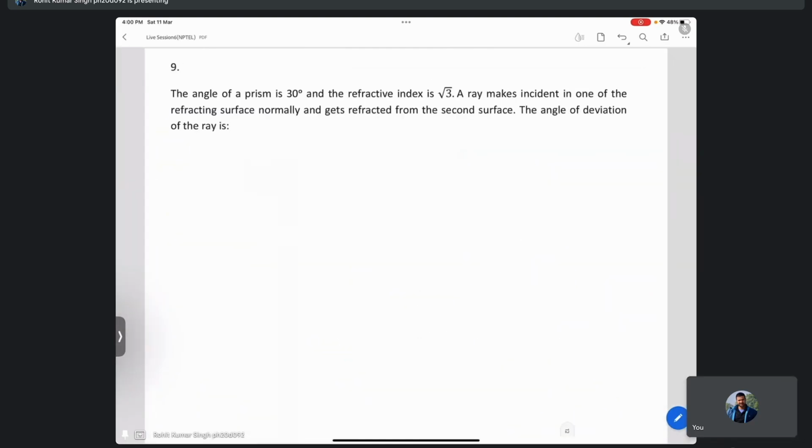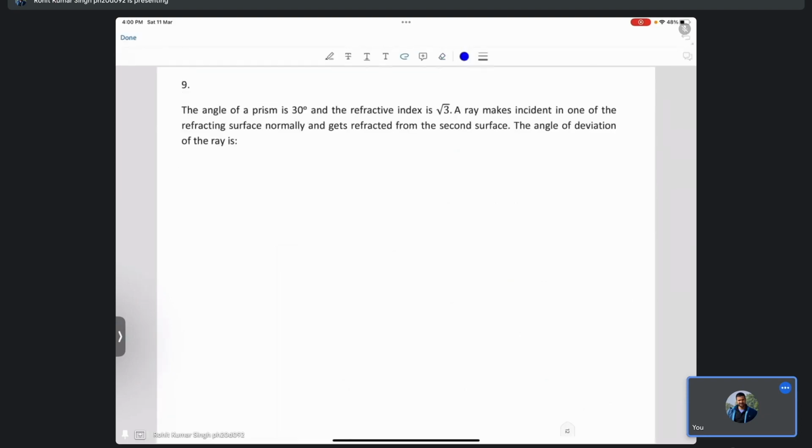Next problem, ninth problem. This is our second last problem. Here the problem is: the angle of a prism is 30 degrees, again not a thin prism, and the refractive index is under root 3. A ray is incident normally on one of the refracting surfaces and gets refracted from the second surface.